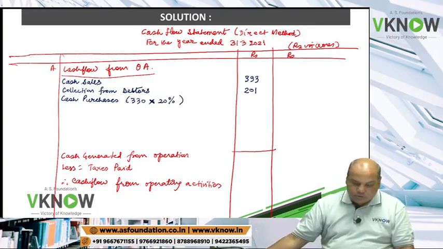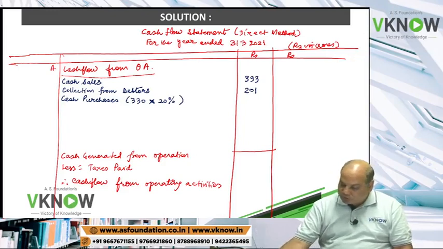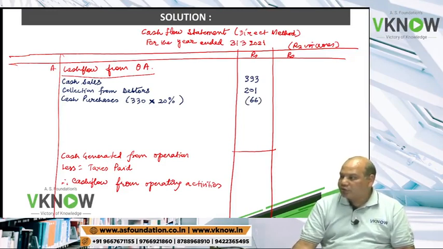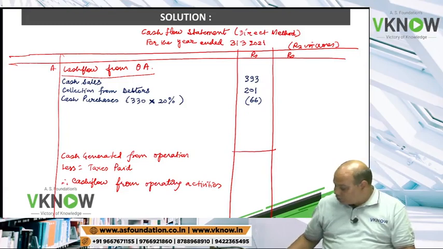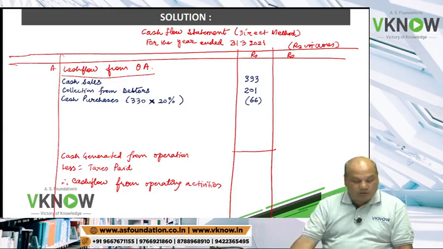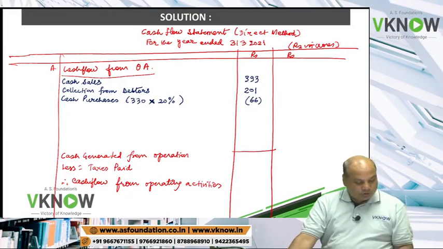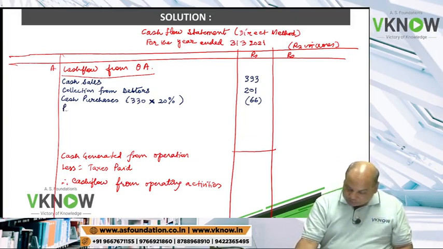So 330 into 20%, 66 crore, cash purchase in bracket. Then credit purchase will be 330 into 80%. Balance of the creditor on 1/4/2020 was 126 crore and closing 138 crore. So write payment to creditor.